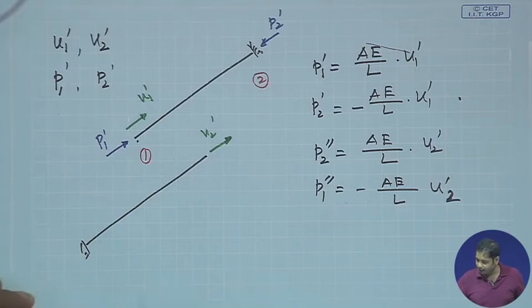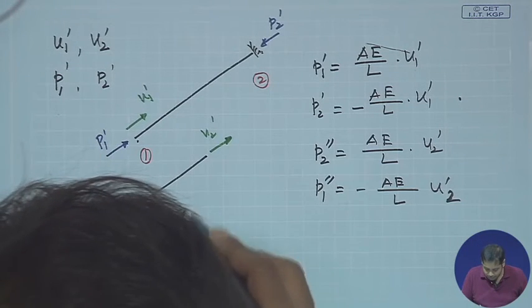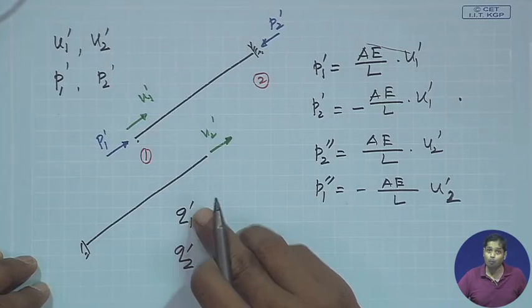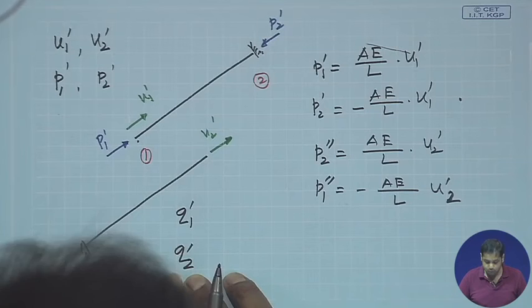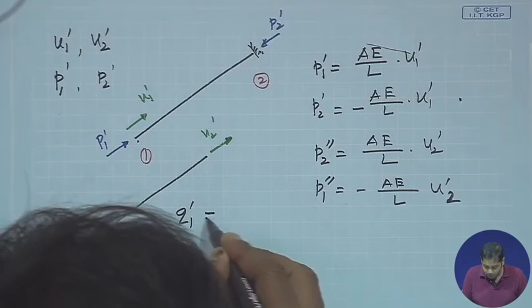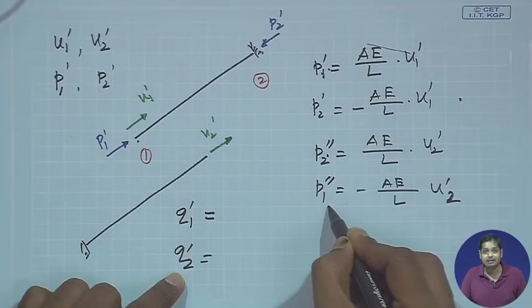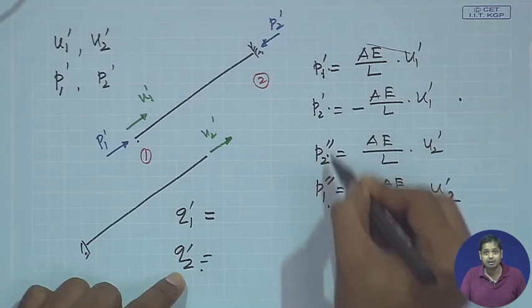So suppose the total force at point number 1 is Q1 dash and at point number 2 is Q2 dash. So Q1 dash will be this plus this, and Q2 dash will be this plus this.